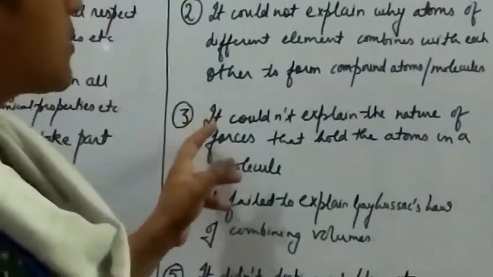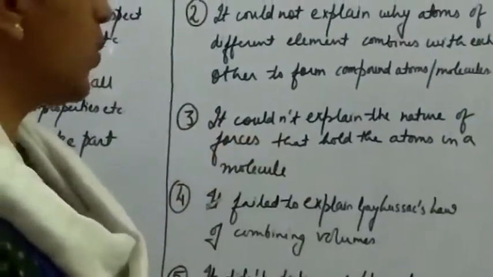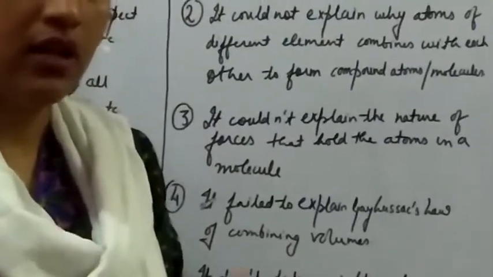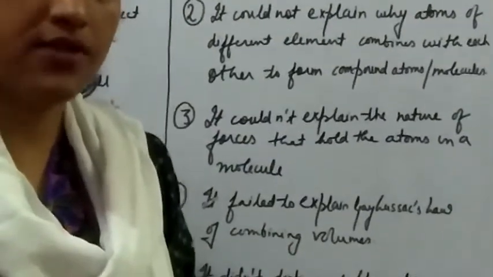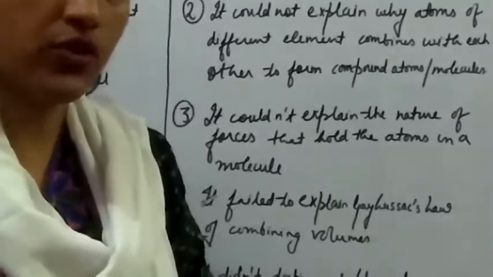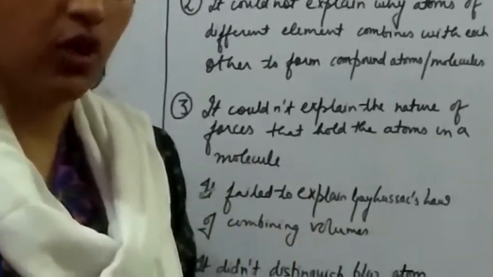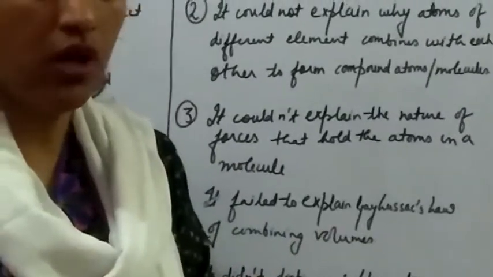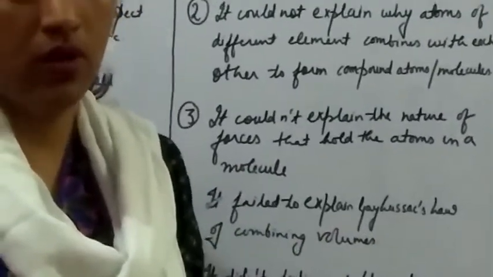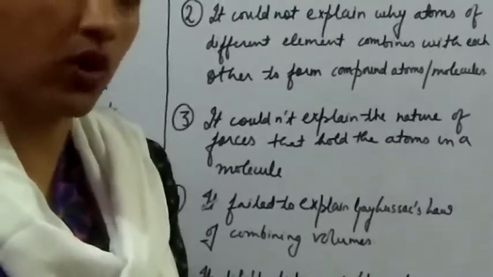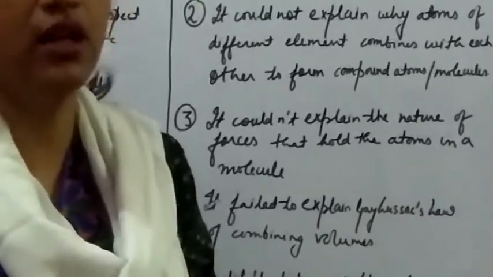Next, he could not explain the nature of the forces that hold the atoms in a molecule. In the ammonia molecule, NH3, what is the force holding the nitrogen atom and the three hydrogen atoms together in a molecule? He was not able to explain the nature of the force which holds different atoms together in a molecule.